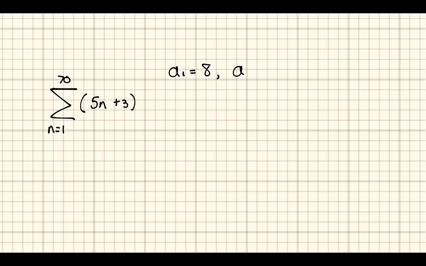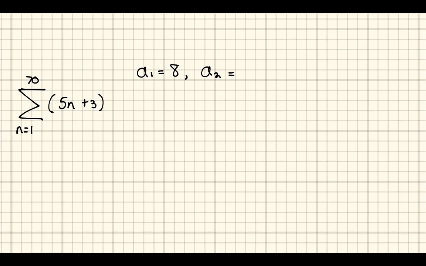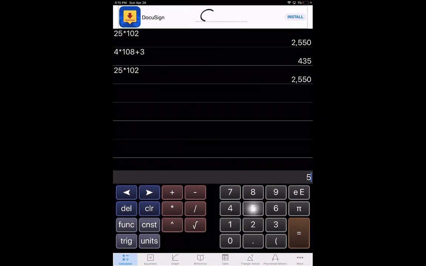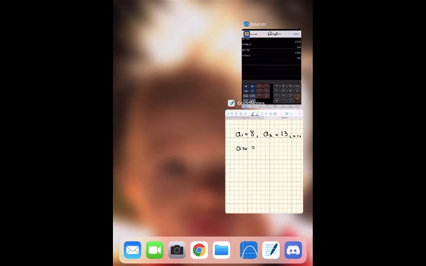A sub 2: if I plug 2 in for n, 5 times 2 is 10, plus 3 is 13. I don't need a sub 2, I just wanted to show you. What would my last term be? A sub 70. That's 5 times 70 plus 3, which is 353.